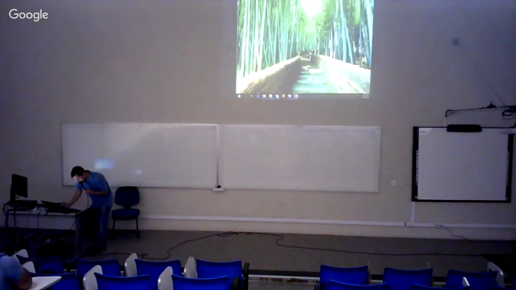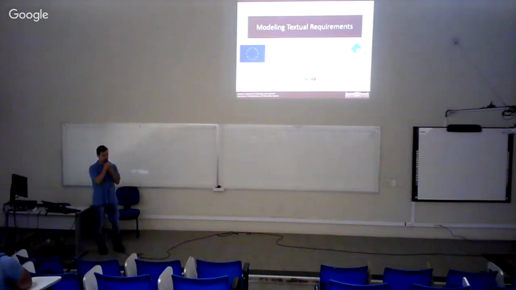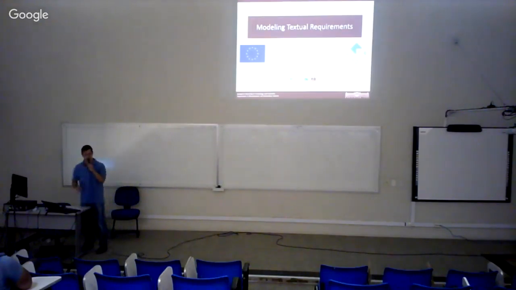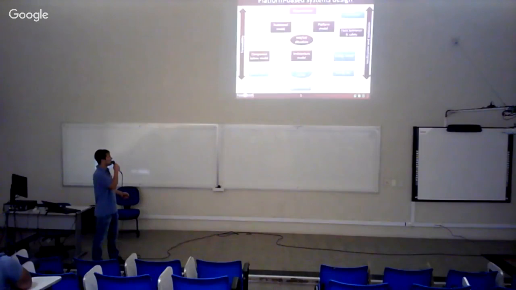And now we will continue with requirements. With requirements modeling, we will learn not only the requirements modeling language, but also some other best practices to be used in the development.